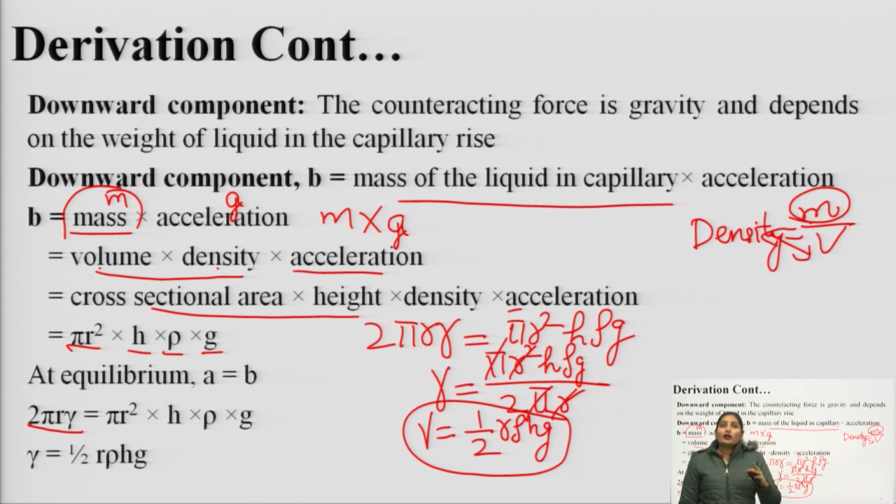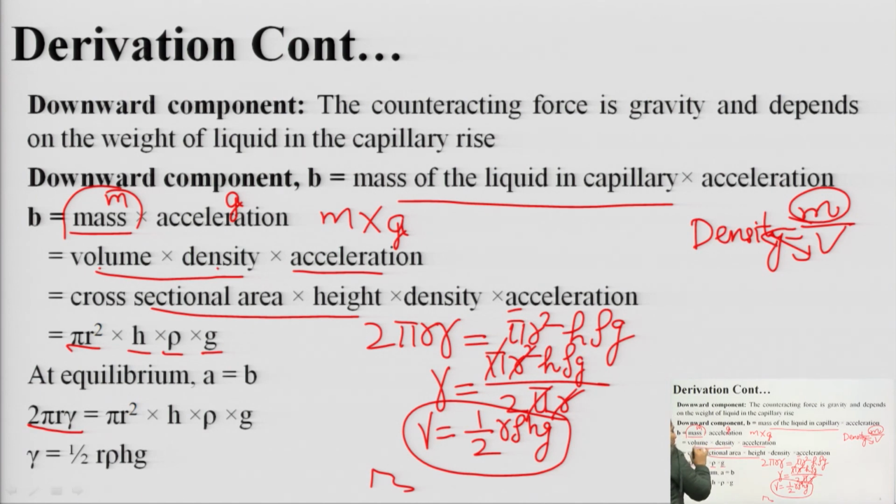The downward component is represented by the letter B, and B is equal to the mass of the liquid in the capillary, m, multiplied by acceleration due to gravity, represented by the letter g. So, B is equal to m into g, and mass is equal to volume into density, as density is equal to mass divided by volume. So, mass will be volume into density, and acceleration is the same.